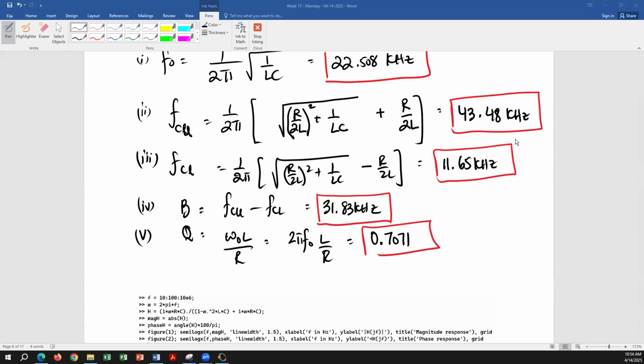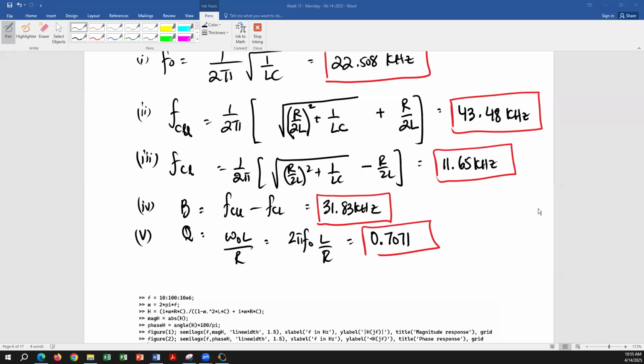So it's not 22 minus 11 is 11, and then 43 minus 22. Yeah, you're right, it's not central. Because the Q value is so small, 0.7071, if you calculate that approximation, then it's going to be quite different than what we calculated.